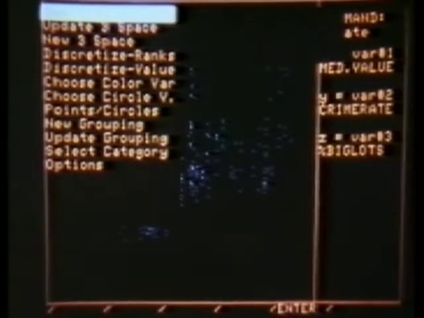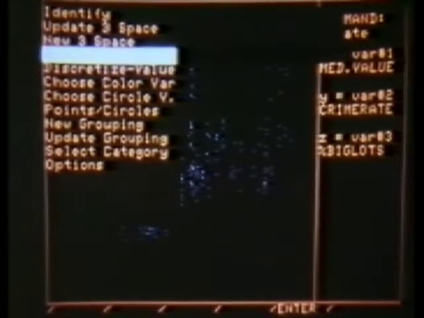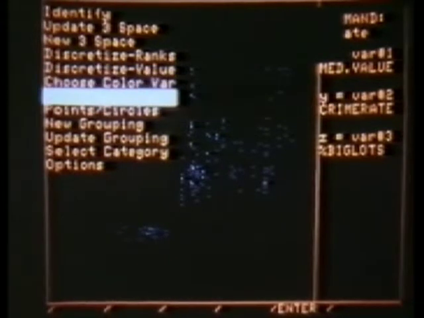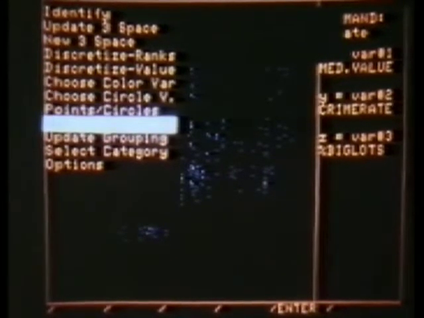We construct a discrete variable or grouping by defining rectangular regions on the screen and then moving all points in the rectangular region into one of the 7 groups.